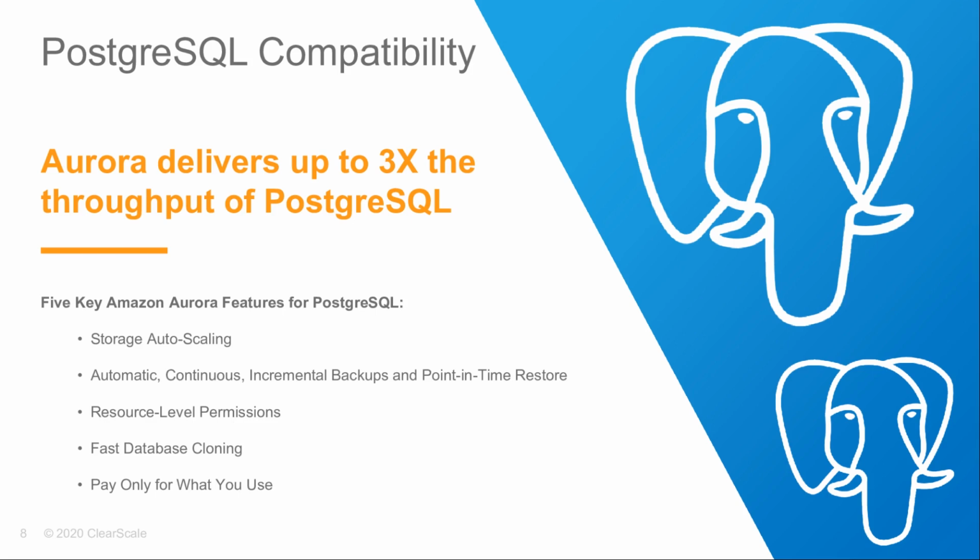Next, we have automatic, continuous, incremental backups and point-in-time restore. So Aurora backups are continuous and incremental, which allows you to restore to any point within the backup retention period, which is configurable up to 35 days. So if you needed to restore to 2 p.m. yesterday, no problem. Aurora can do that.